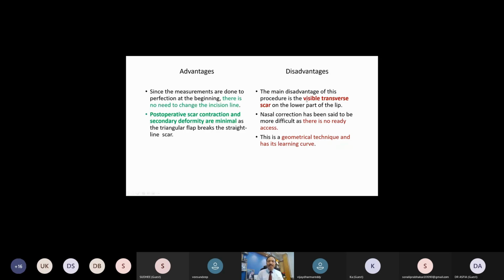But the disadvantages are that this procedure has a visible transverse scar on the lower part of the lip. And the nasal correction has been said to be more difficult as there is no ready access. Although I do not agree with this, even in Tennison, you have good nasal access. And this is a geometrical technique and has a learning curve. Every surgical technique has a learning curve, but this can be learned easily.